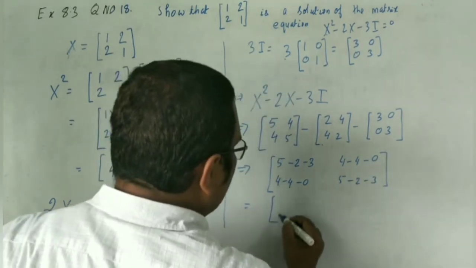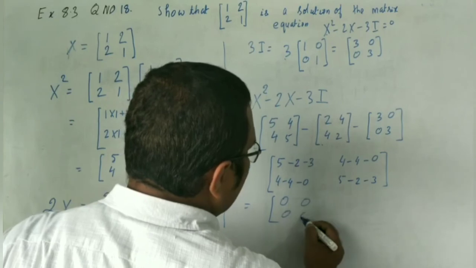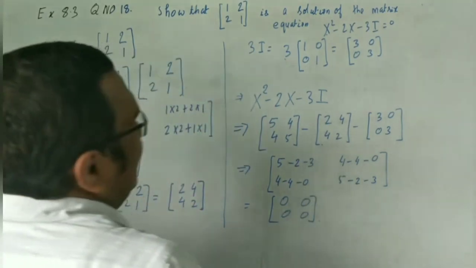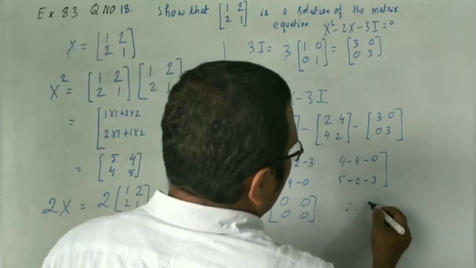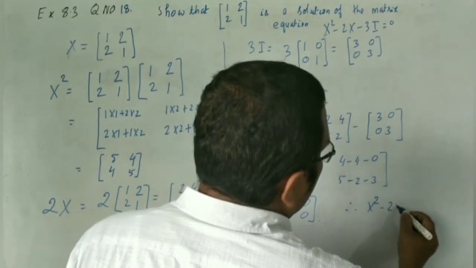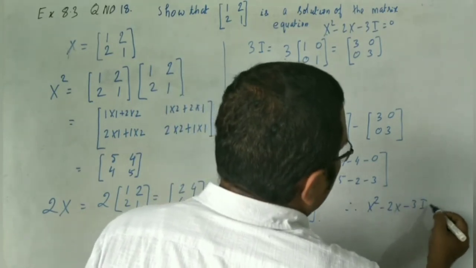And I get the null matrix. So proved. Therefore, x squared is equal to.